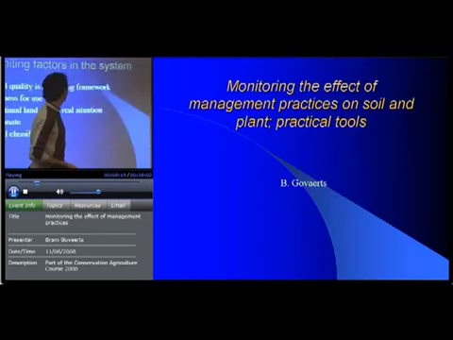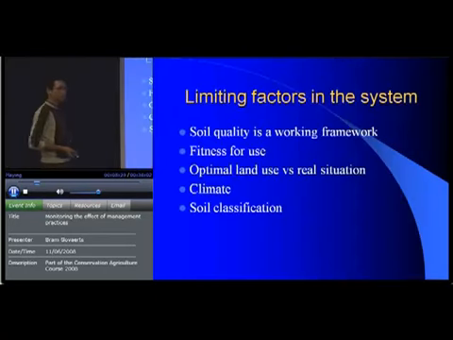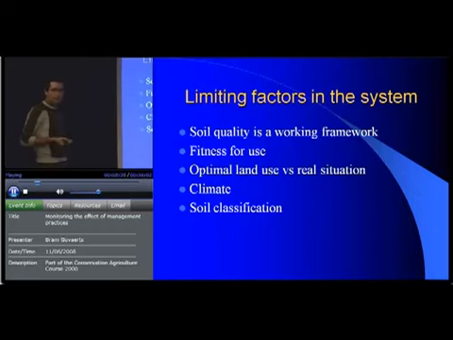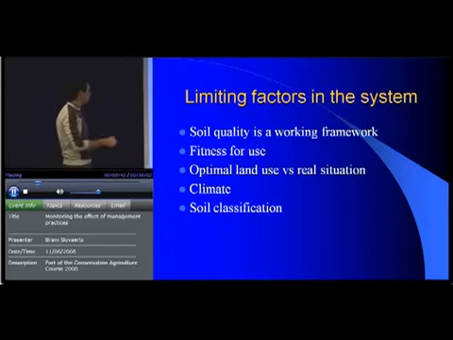So, soil quality is a working framework, right? If I see the word soil quality, that's obscure, you don't know what it's about. What does it mean, a better quality? Right? It's like sustainability. What does it mean? It depends, right? So what if we use as a concept fitness for use, right? So that we can define what good soil quality is for us.